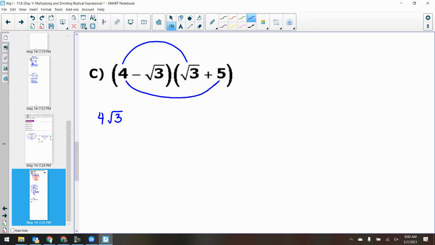Outers, 4 times 5, 20. Inners, negative radical 3 times positive radical 3, negative radical 9. Negative radical 3 times positive 5, negative 5 radical 3.